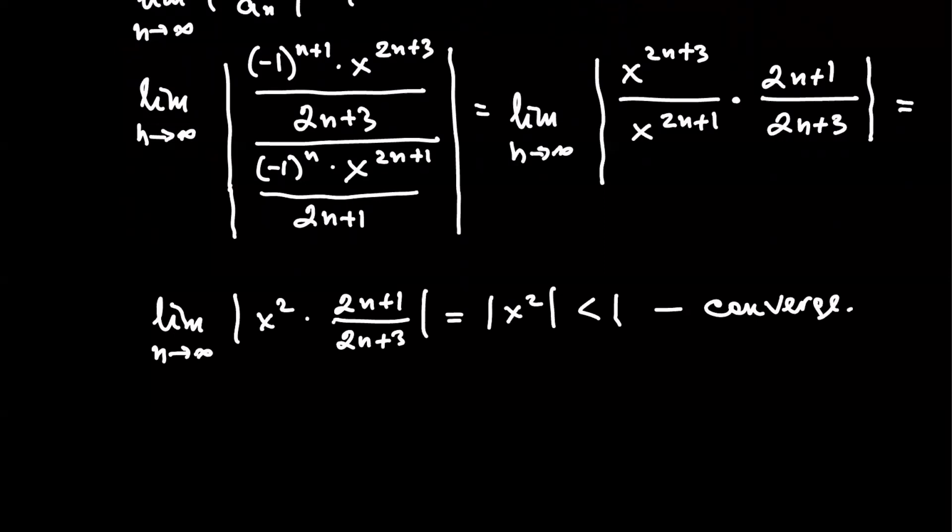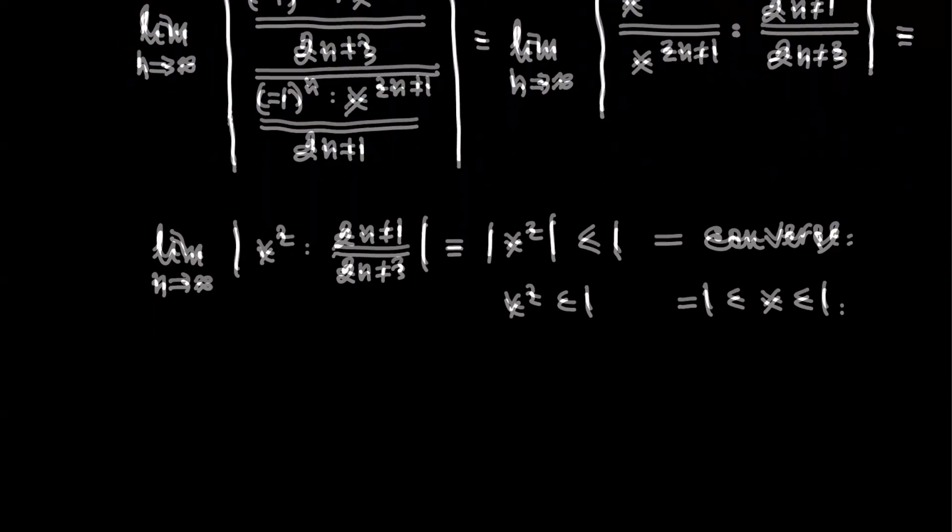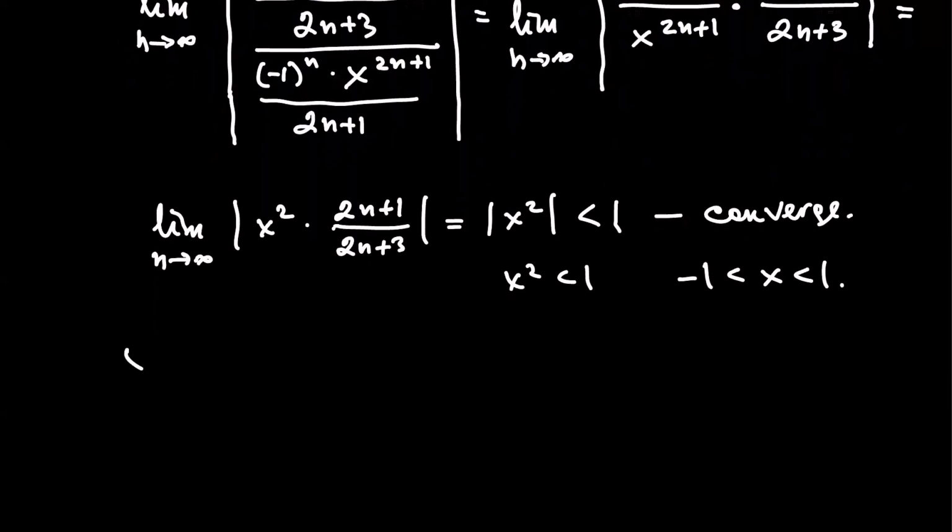So x squared is less than 1, which means that x is between negative 1 and 1. So in order to find the entire interval, we also have to check x equal to negative 1 and x equal to 1.